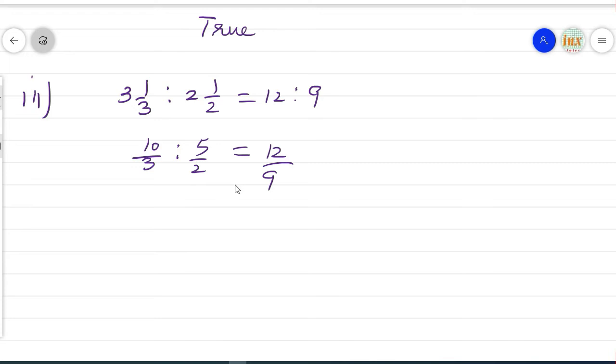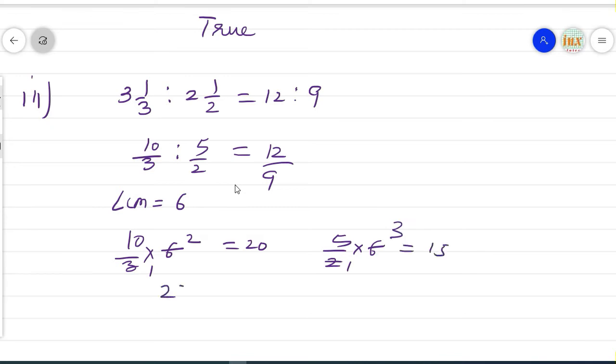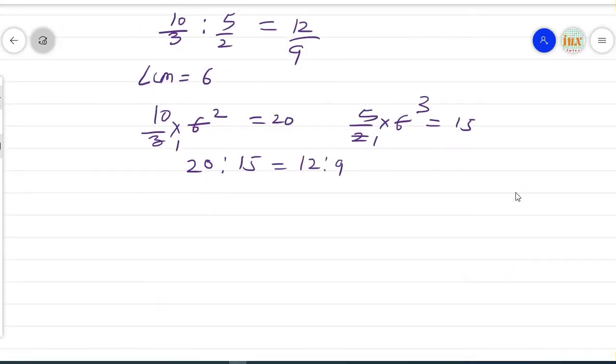Firstly, what is the LCM of 3 and 2? That is 6. So 10 upon 3 into 6 is 20, and 5 upon 2 into 6 is 15. So we get 20 is to 15 is equal to 12 upon 9. You cross multiply, by the cross multiplication rule.